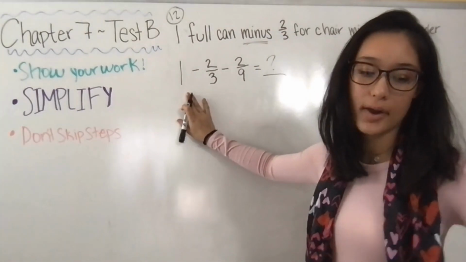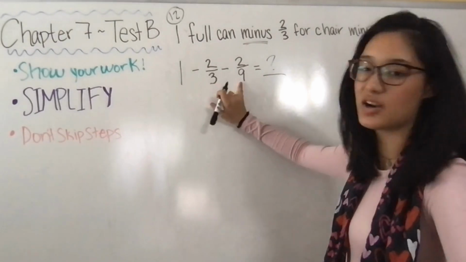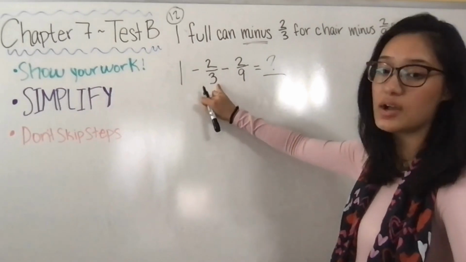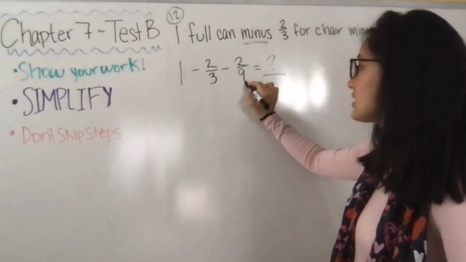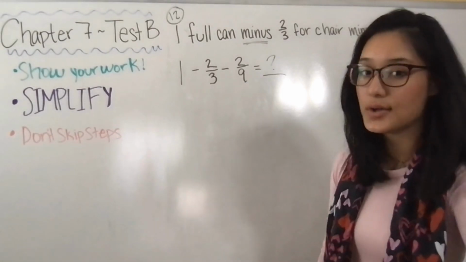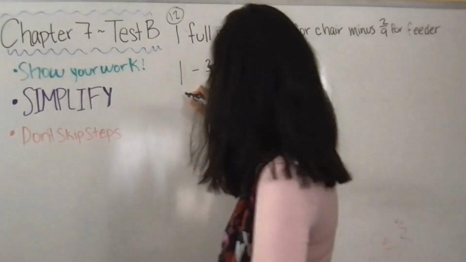What is 1 whole something? We know that the common denominator has to be 9 because it can't be 3, and 3 goes into 9, and so the common denominator is 9. What's 1? It's 9/9.